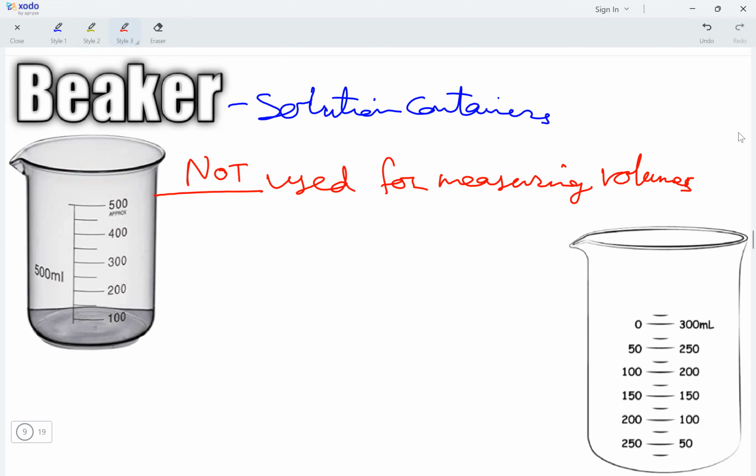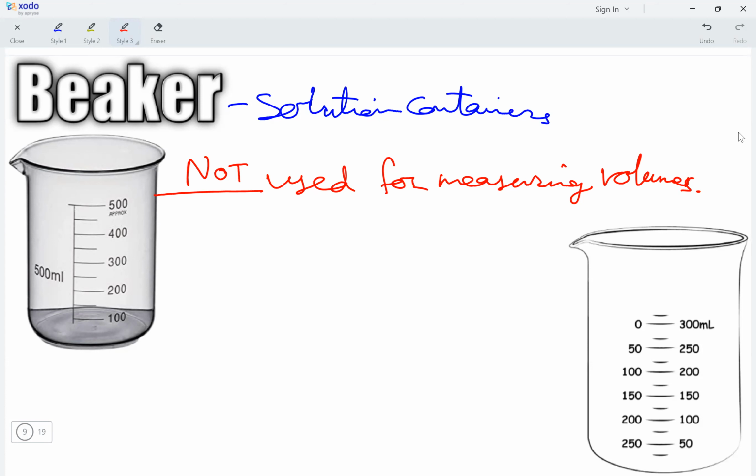So if we have a beaker that says 300 cm cube or 500 cm cube, as shown in the diagram, this is there just to suggest that this is the volume that the beaker can contain. So if I fill up the beaker up till 400 cm cube, for example, that gives me an idea that almost 400 cm cube of the solution is present in the beaker.